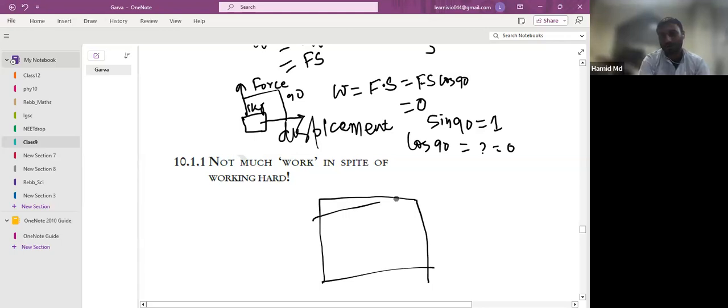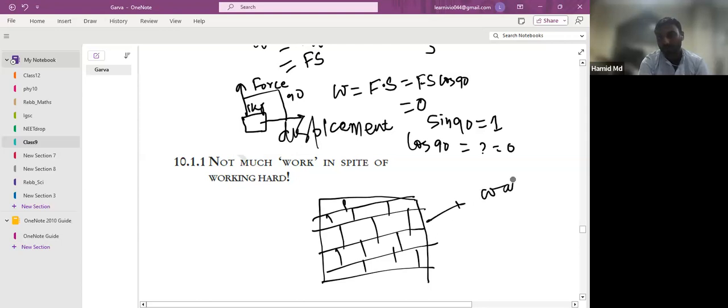Suppose this is a wall, and you are pressing it.